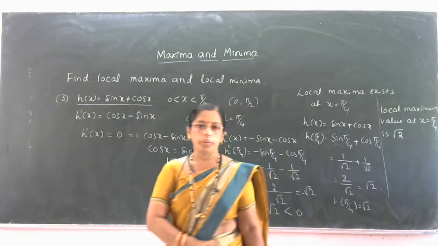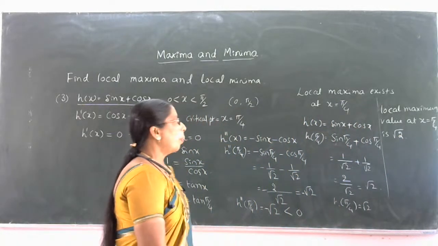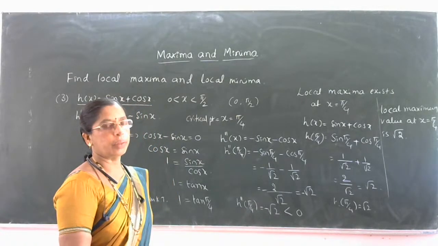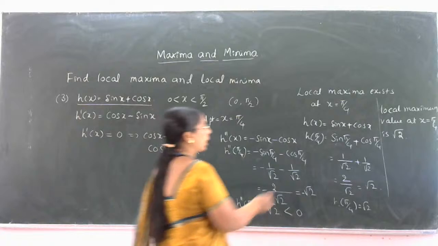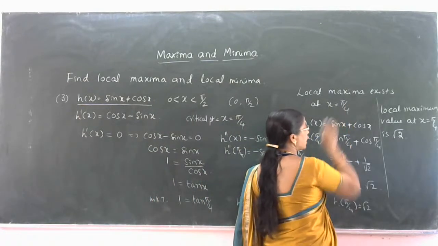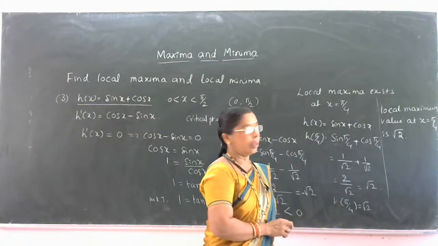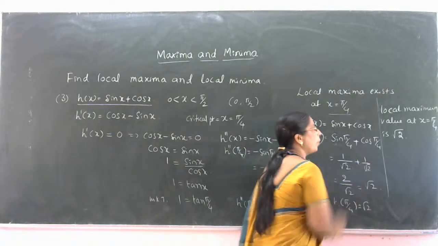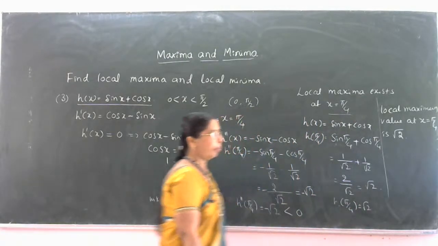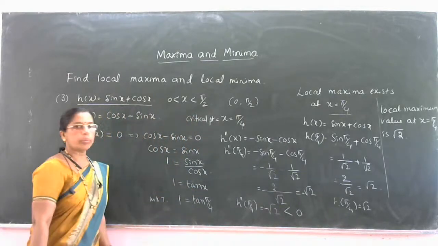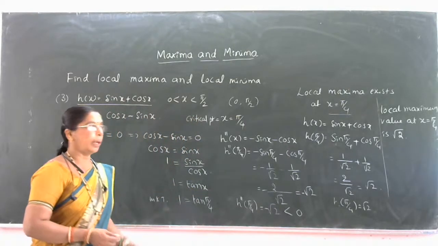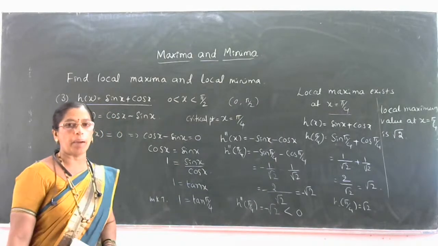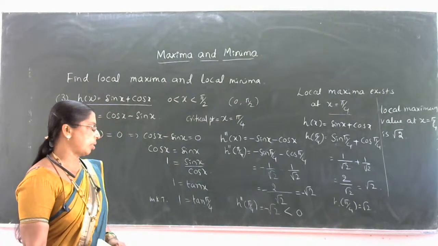The point of local maxima is x equal to pi by 4, and the maximum value is root 2. First, you note down the steps involved in finding the local maxima by second derivative test.